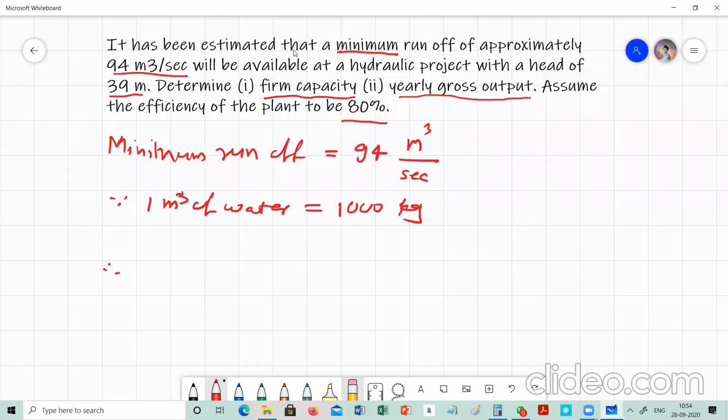So we can convert that minimum runoff into weight of water or mass of water. Mass of water available during such a condition is equal to 94 into 1000.